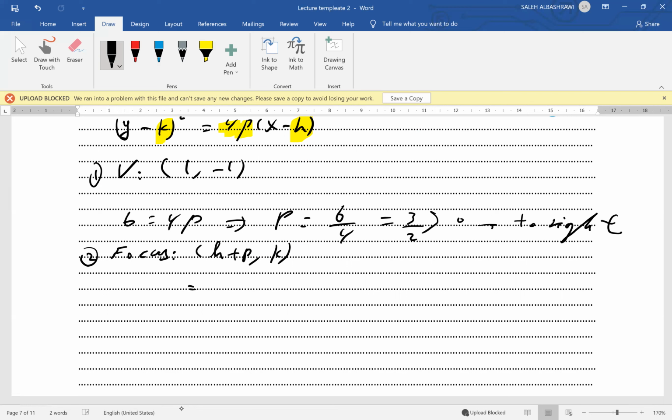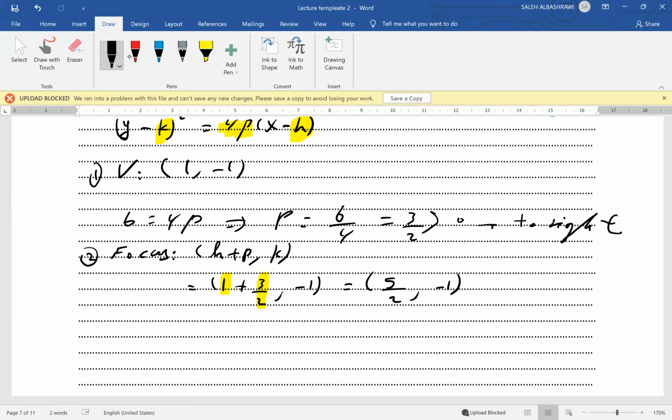That will be 1 plus 3 over 2, h is equal to 1 and p is 3 over 2, and k is -1. This will give me 5 over 2 and -1. Combining these two fractions, I will have 5 over 2 and -1.